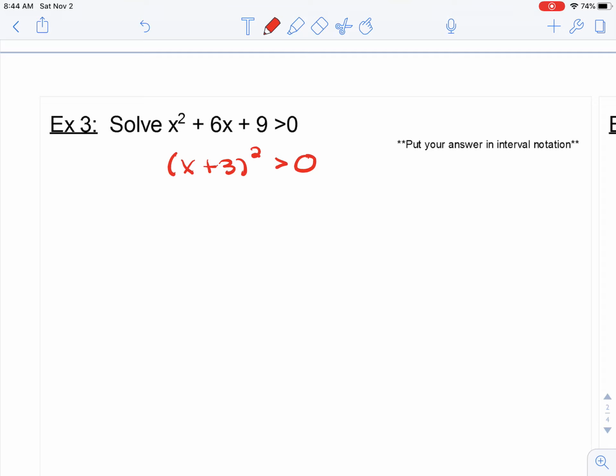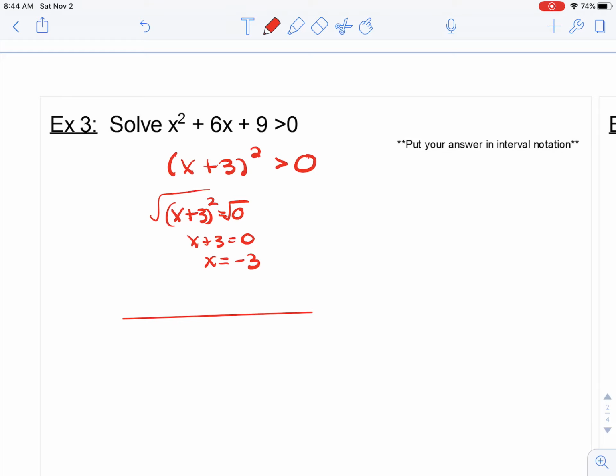So if I set the left-hand side equal to 0 and solve, x plus 3 squared equals 0. Well, we take the square root, so you get x plus 3 equals 0. Subtract, so you know the only critical value is at -3.